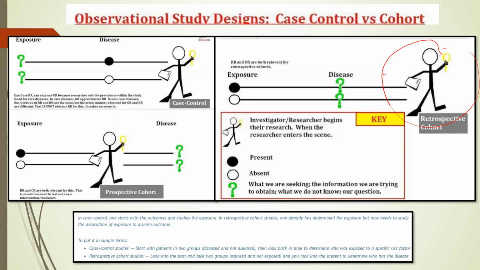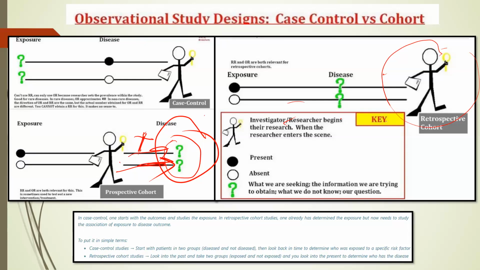The investigator has to follow up the groups for a particular period and then see whether the disease is going to occur. The disease has not occurred yet. The investigator has to follow up both the groups to see the incidence of disease in each of them and then do the comparison.